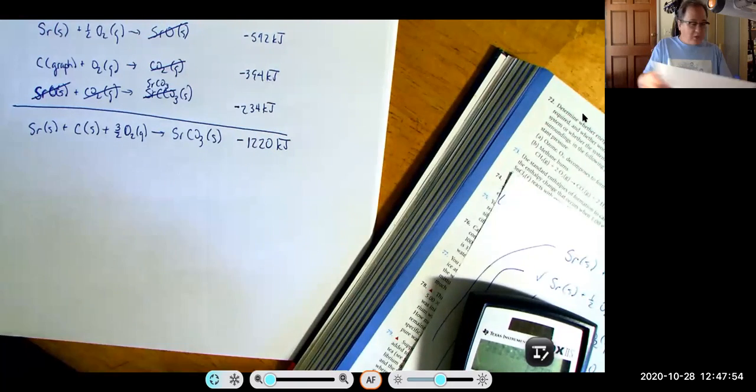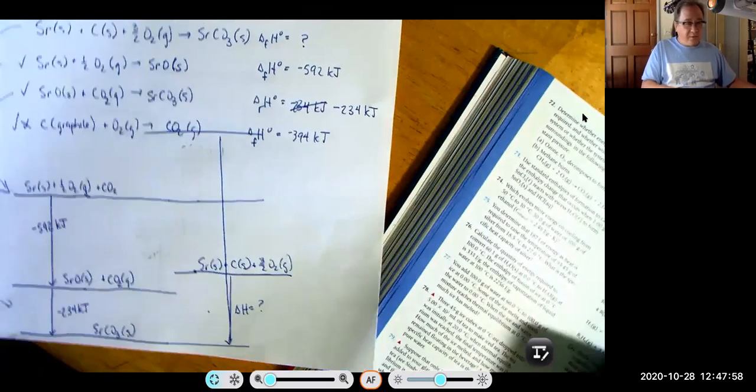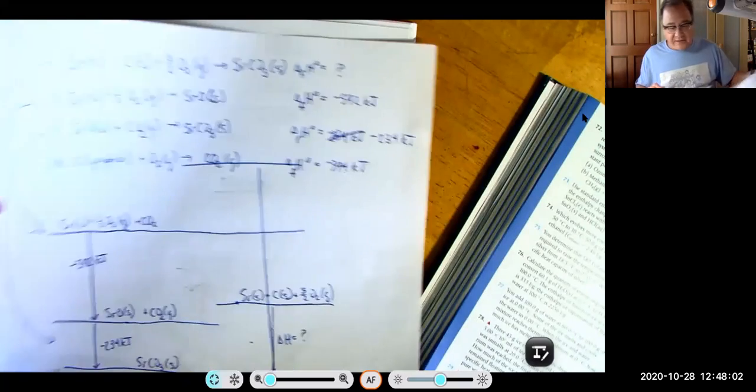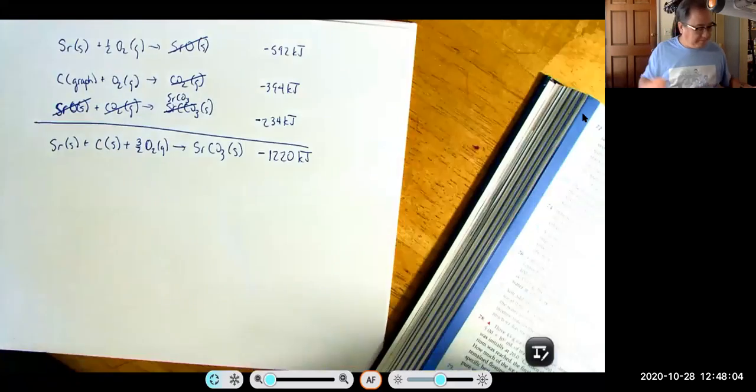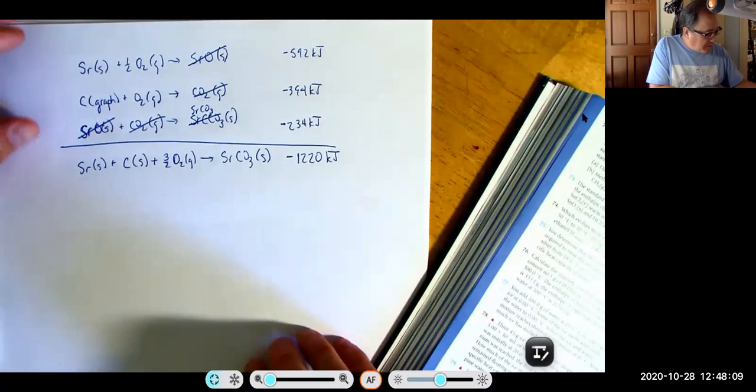So what did we learn out of all of this? I think what we learned is do Hess's law first and add them all up, and then try and write the energy level diagram. So here are the four reactions. Which one are we going to write first?